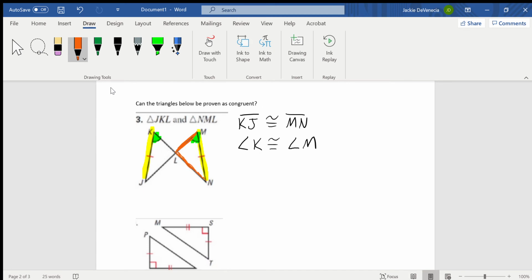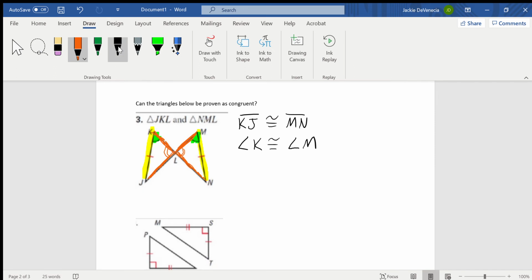And then we have angle KLJ, right? So those two angles here. So notice how these two angles, they're what we call vertical angles.